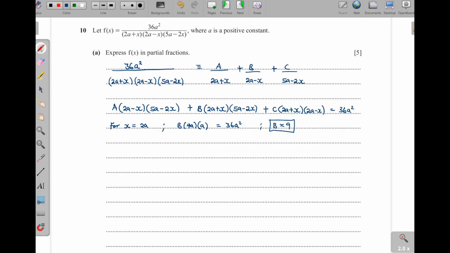You see that? Then we can also consider x equal to negative 2a. Why negative 2a? So when I put negative 2a here, this one can disappear, the same way this one can do. But then we shall remain with only A here. So what are we going to have now? Put negative 2a here. This one will be 4a.